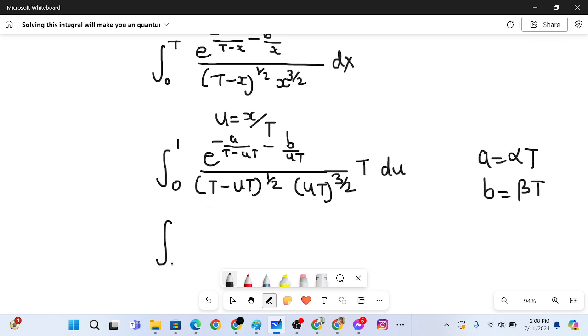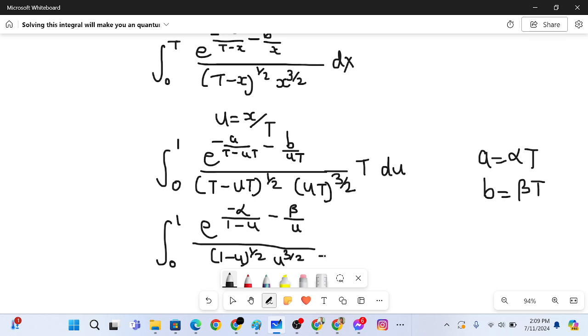So you have the integral from 0 to 1 of e to the power minus alpha by (1 minus u) minus beta by u, divided by (1 minus u) to the power 1 by 2 times u to the power 3 by 2, and t to the power 1 by 2 times t to the power 3 by 2 will be t square, and then over here t du.